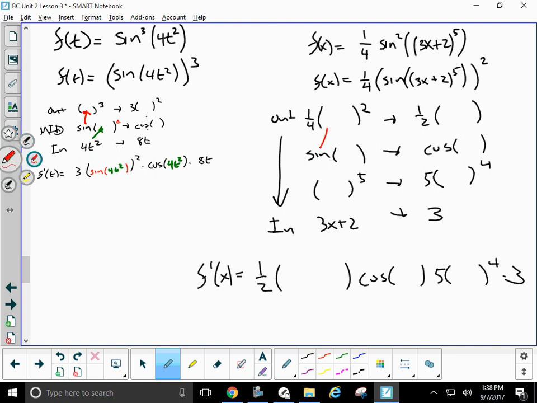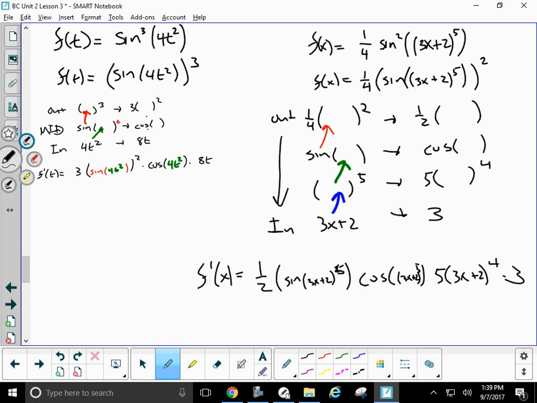It'd be sine of 3x plus 2 to the 5th, times the cosine of 3x plus 2 to the 5th, times 5 times 3x plus 2 to the 4th, times 3.